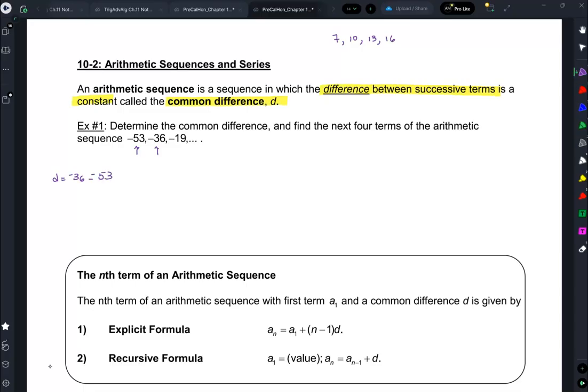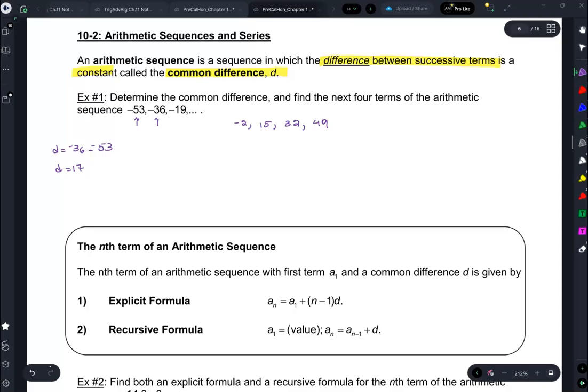So this will now be D equals 17. So that means, when I add 17, it'll be -2, then 15, then 32, then 49, and so on. So we're just adding the same number. Now, if D was -5, then it would just go -5, -5, -5.